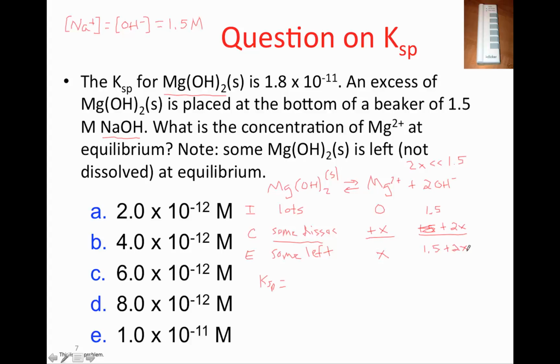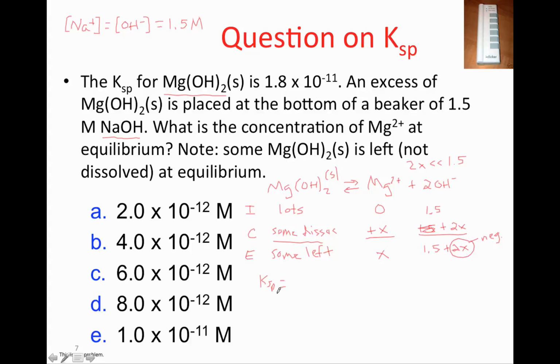But I can look at these two numbers and say, I'm expecting x to be really small. So twice of x is still going to be really small. I expect this to be much, much less than 1.5. Therefore, both as a convenience and because I don't have very many sig figs in my problem, I'm justified, in fact even compelled, to neglect x right here.